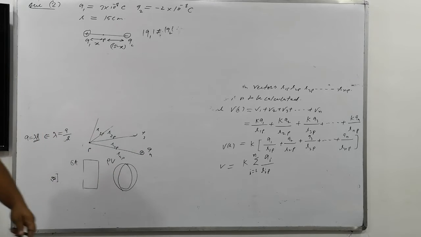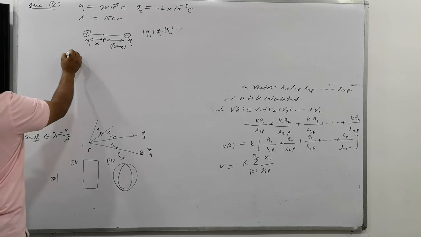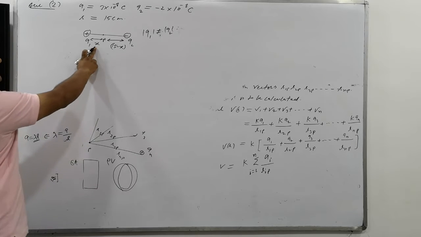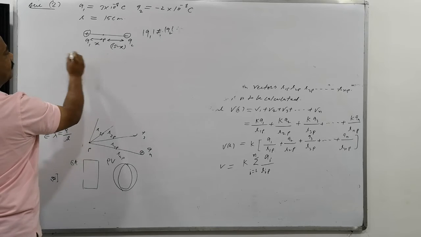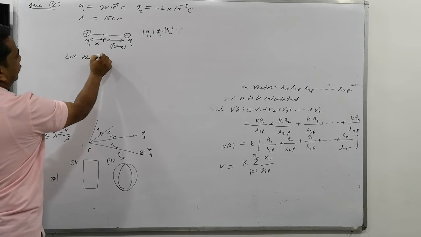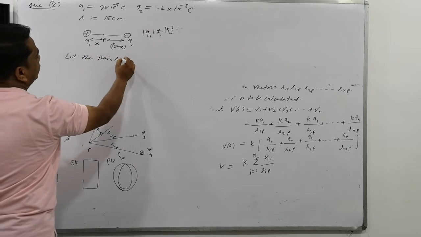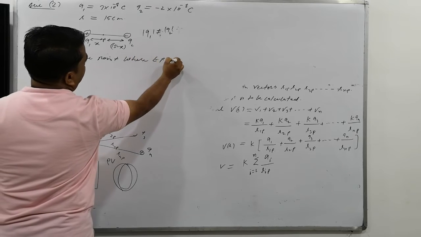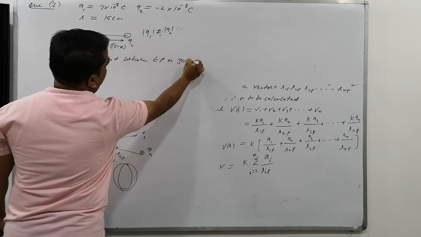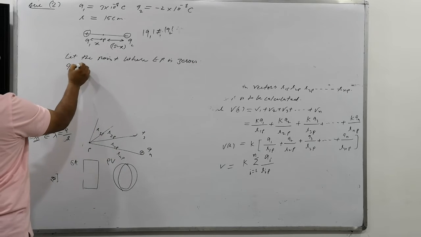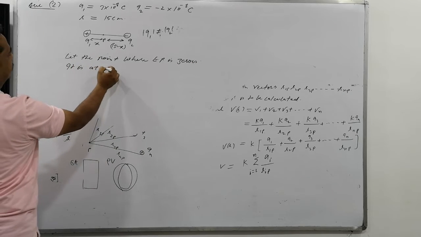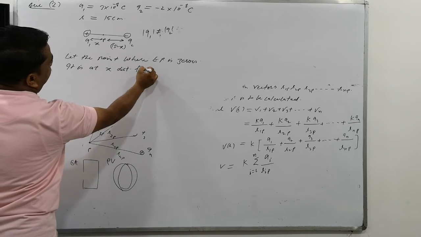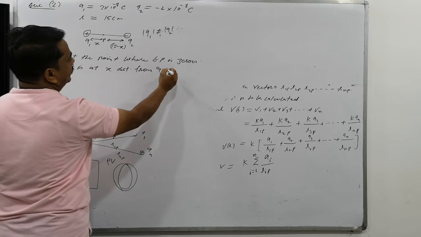Very simple. So we'll consider here, let the point P, where electric potential is 0, be at x distance from Q1.